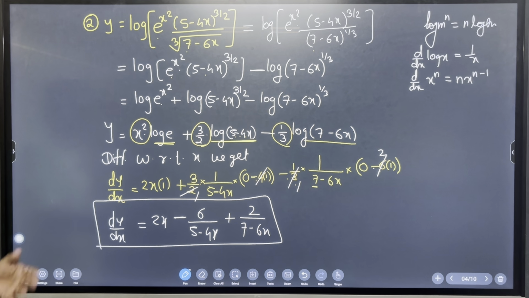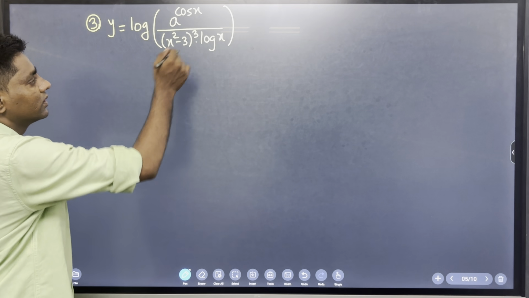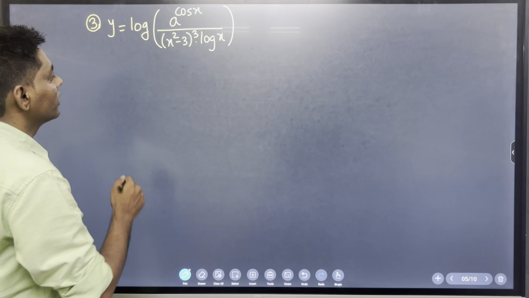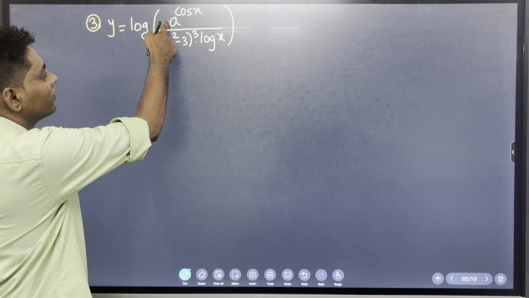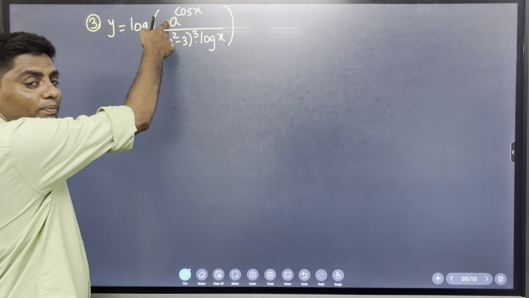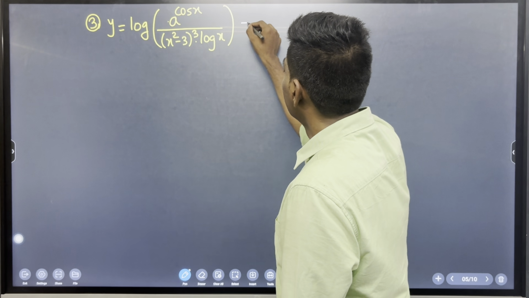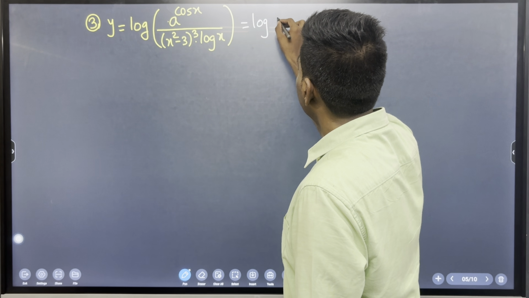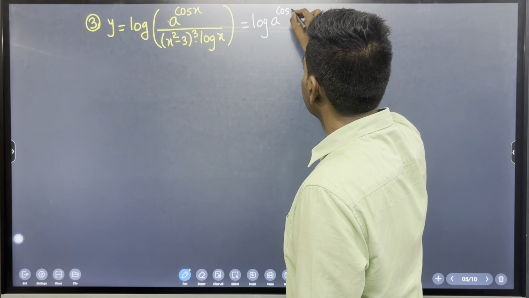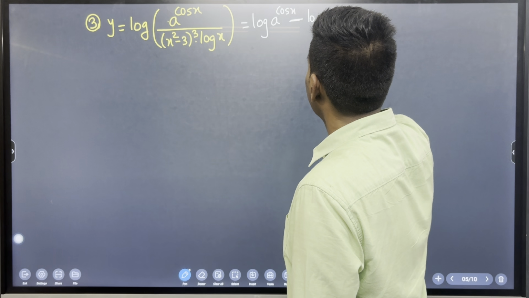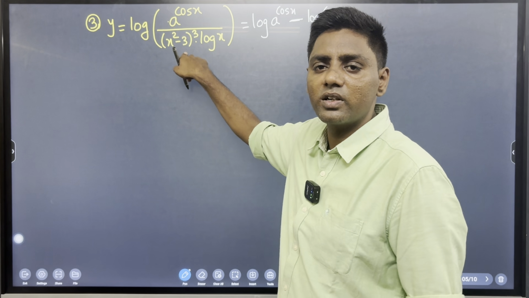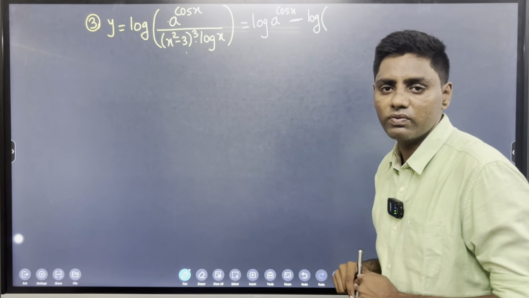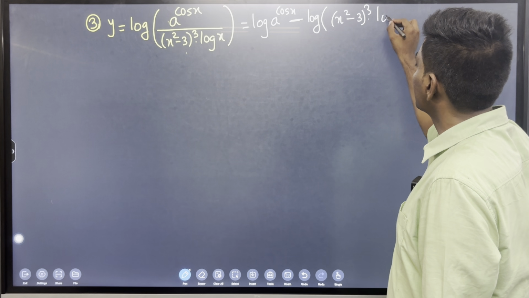Now it is again a log, and there are three terms. When we observe, this is our first m and the denominator is completely our n. By applying the laws, that is log of a raised to cos of x minus log of the complete denominator, we use the property of division and solve. Next, this is the bracket, x square minus 3 raised to power 3 into log of x.